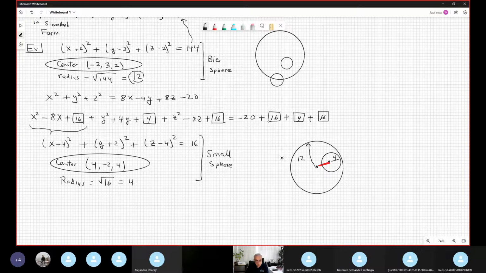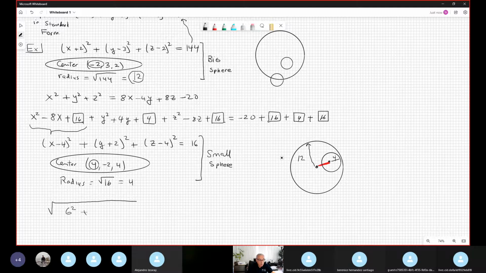Okay, so one more time, we use the distance formula between center and center. It is the square root, and you're subtracting the x components: 4 minus 2 is 6 squared. Do you follow me?